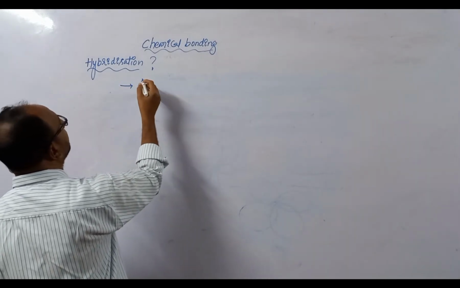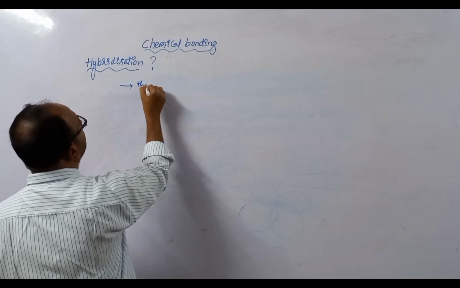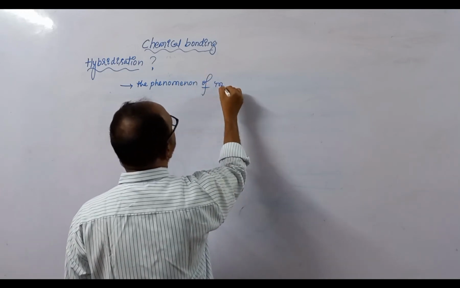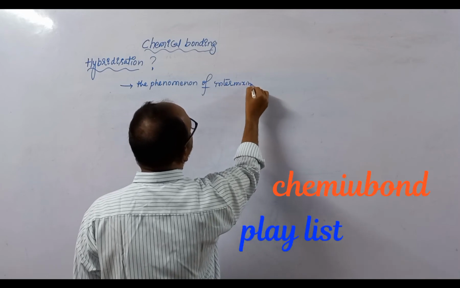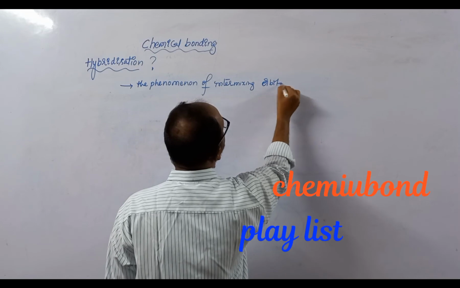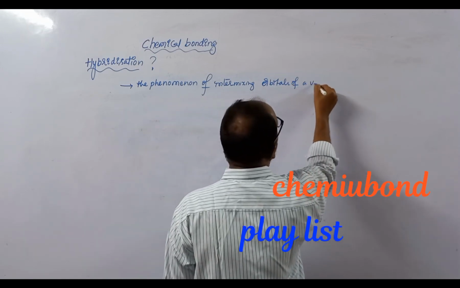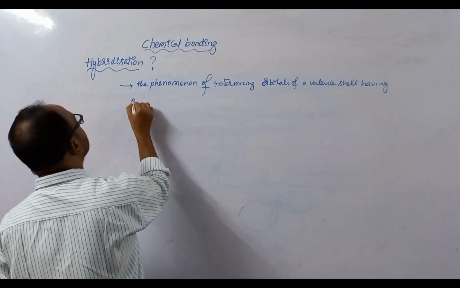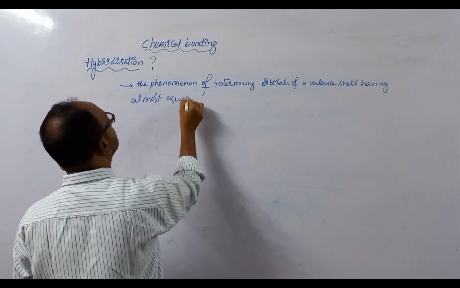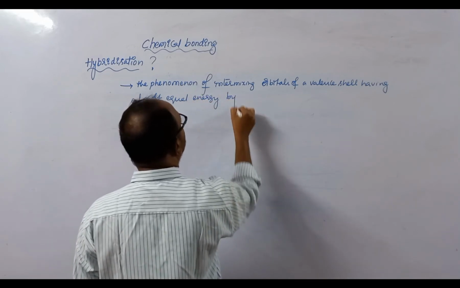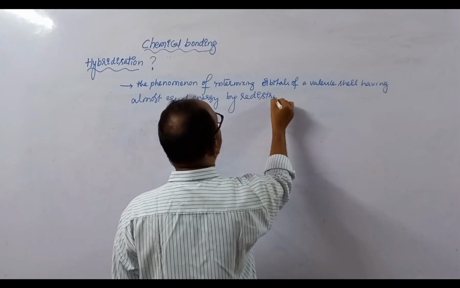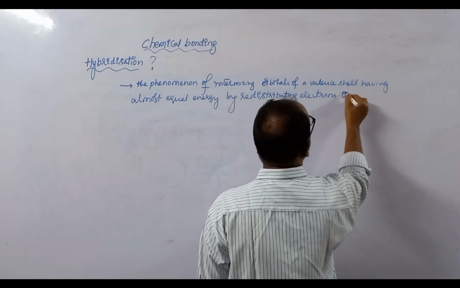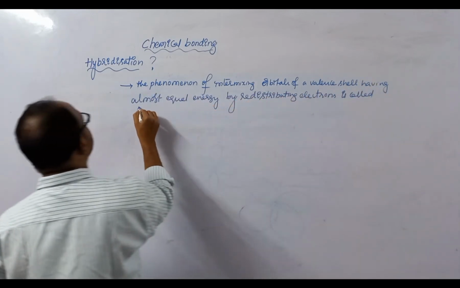The phenomenon of intermixing of orbitals of a valence shell having almost equal energy by redistributing electrons is called hybridization.